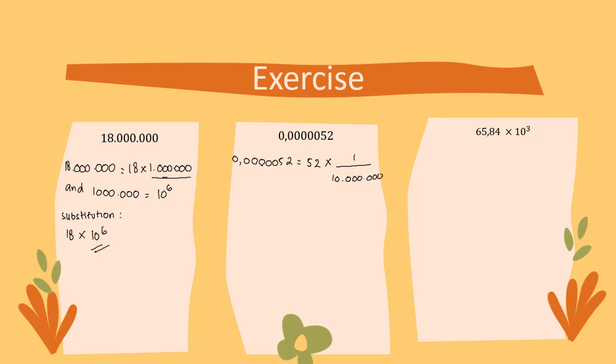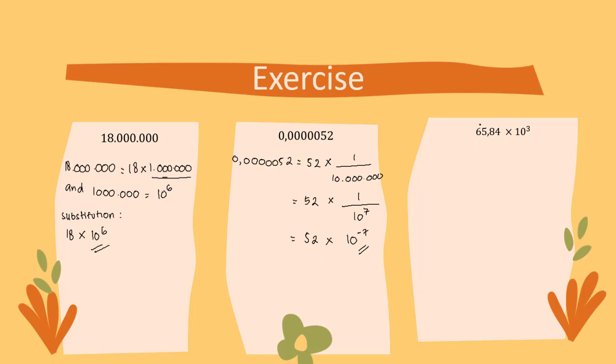Because there are 7 numbers after the comma, so this will be 10 million. So 52 times 1 over, because there are 7 zeros, 10 to the power of 7. Remember about the negative exponent? So we can write down 52 times 10 to the power of negative 7. So this is the scientific notation of that decimal.